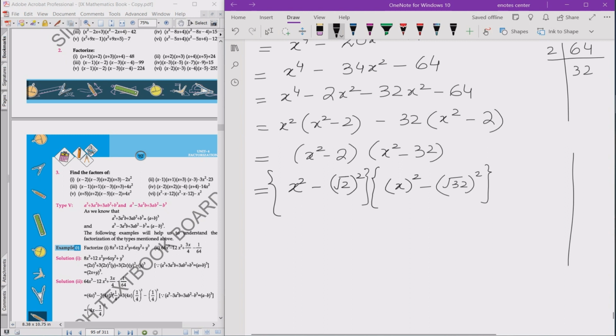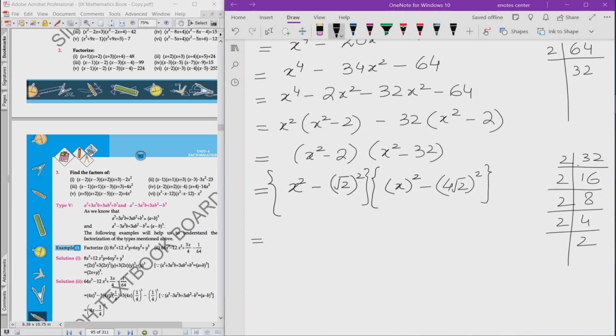Or you can write like 32 to... here we will write like this, right?